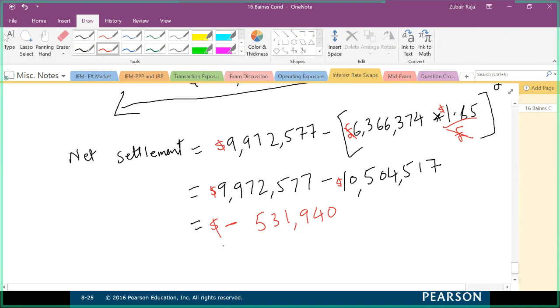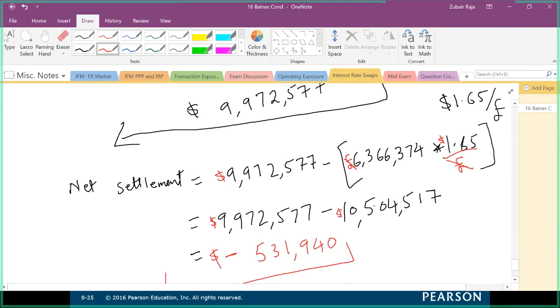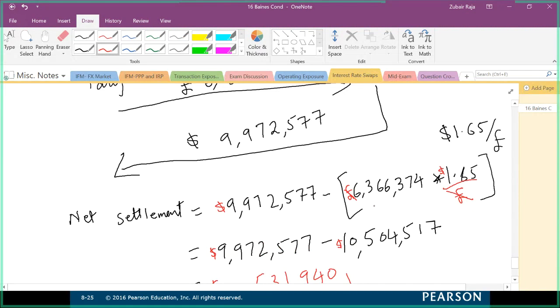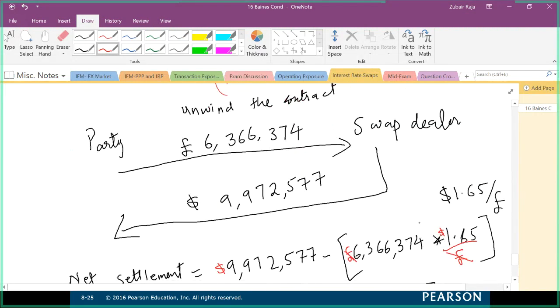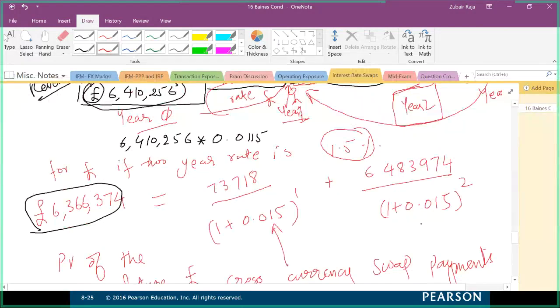Who is that party who is bearing this loss? Can someone guess? The party who wants to unwind? Yes. Why? The reason is just because of the change in the value of the pound. Can you see over here?